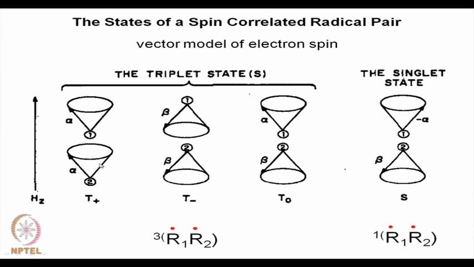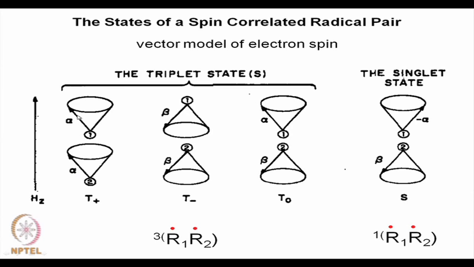This is another funnel. See, both are up. Up means its projection on the z axis is plus half for these two. Therefore, it is alpha spin. So one spin function is alpha, another spin function is alpha.